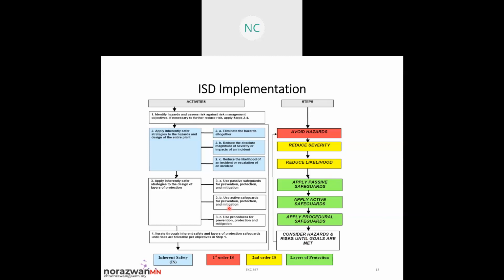If we go back to the traditional ways of protection, you only apply your passive, active, and procedural layers. So you have lost, or at least reduced, your layers of protection inside the inherent, the ISD part.